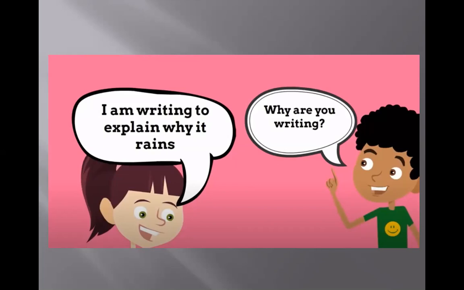Okay, hang on. When I say that I'm writing to explain why it rains, you have told me that it's for children. My question was, if you can identify a group of children for whom this is actually written. So are we talking about younger kids, or teenagers, or older kids? Which group do you think this is for?